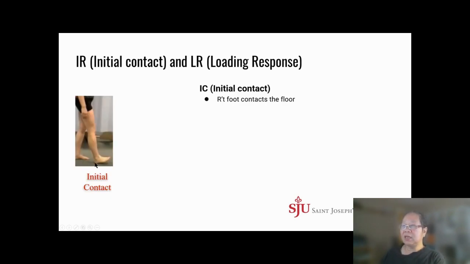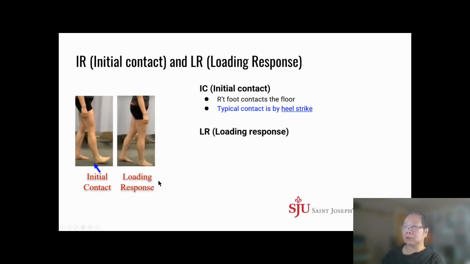For the right side, initial contact is when the right foot is contacting the floor. The typical normal pattern is by heel strike, but not everyone would do that. Then after the initial contact, the load is loading onto the right side.